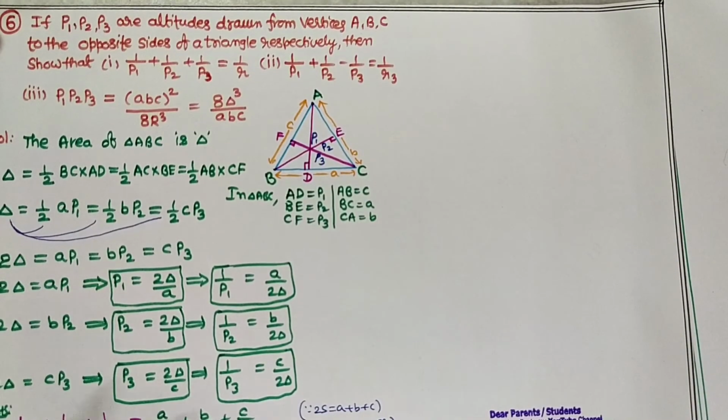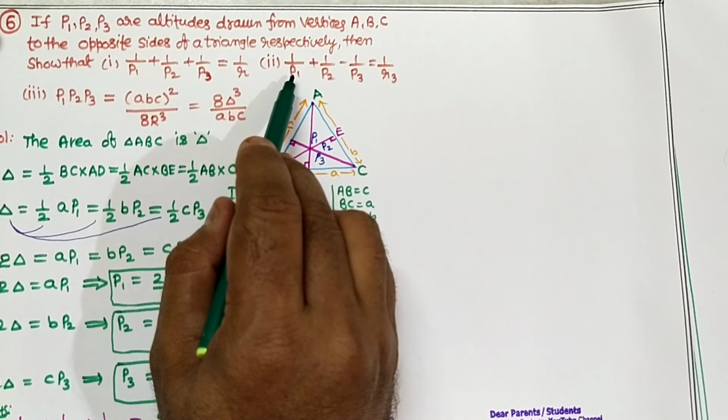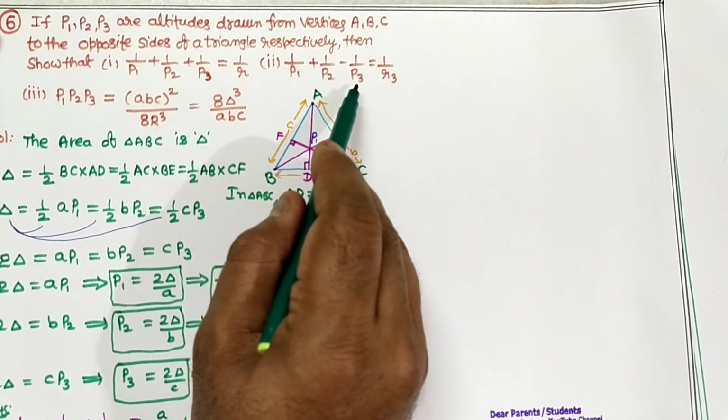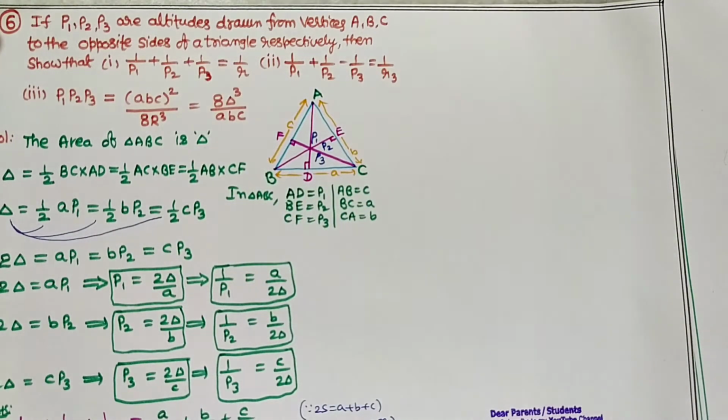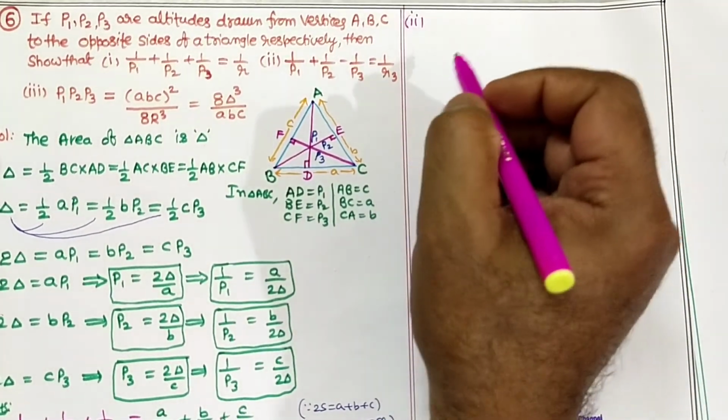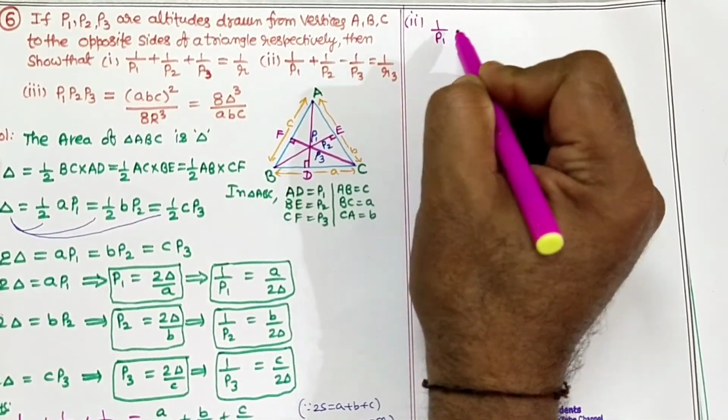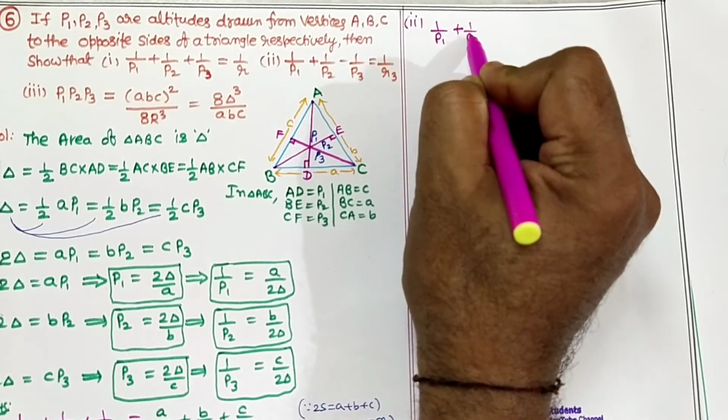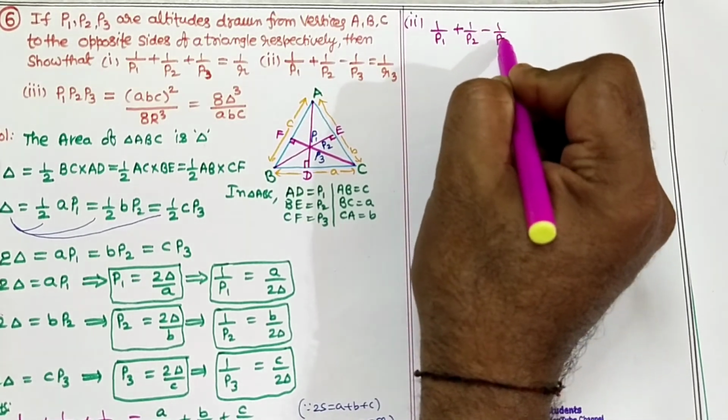The next question, question number 2: 1 by P1 plus 1 by P2 minus 1 by P3 equal to 1 by R3. We have to prove that. Now the second question, 1 by P1 plus 1 by P2 minus 1 by P3.